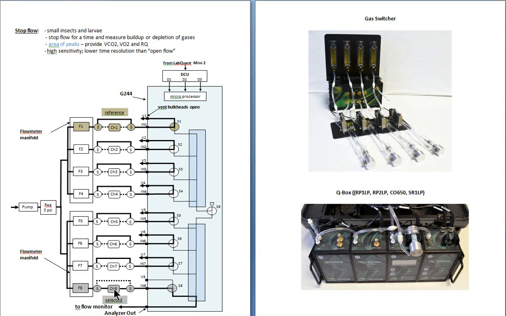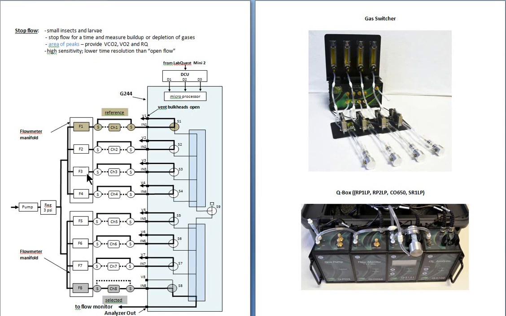So just as in the open flow method, the carrier gas is pumped through the regulator, split into the various chambers. The flow is controlled by the valve on the flow meter. This is the flow meter, or so-called rotometers.